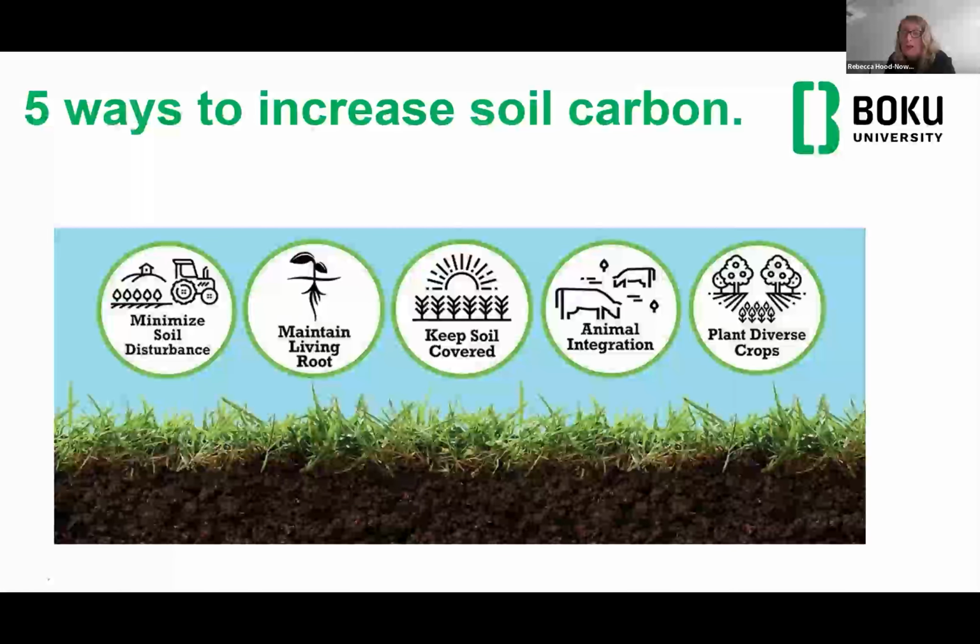We need to maintain living roots within the agricultural system for as long as possible. It's best to keep the soil covered, so mulches and so on are really good. Animal integration can be one way of increasing soil carbon.